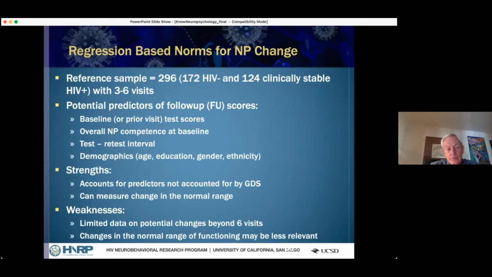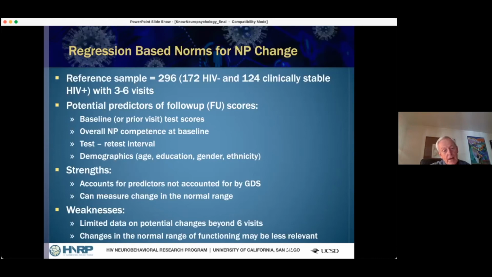We looked at test-retest interval, and we looked at demographics. And so this accounts for all those predictors, many of which are not accounted for by things like the GDS. And we can also measure degree of change both within the normal range and within the impaired range.